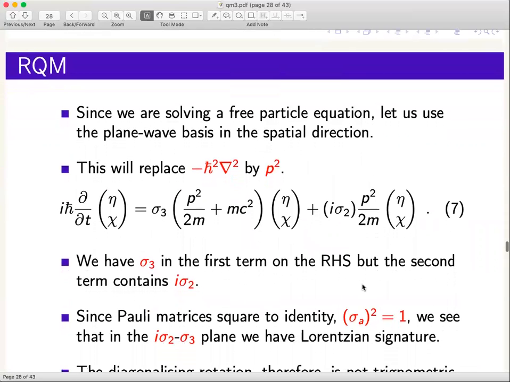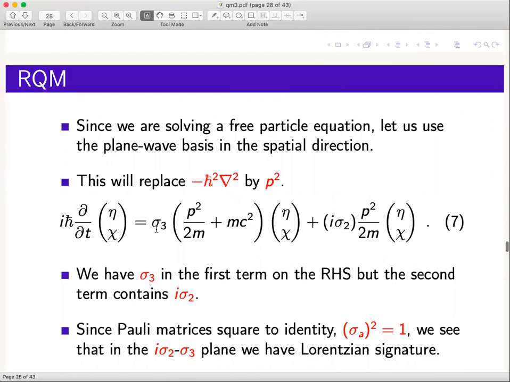Sigma 3 squared is 1, sigma 2 squared is also 1. But what we have is not sigma 3 and sigma 2, but sigma 3 and I times sigma 2. Therefore, if you think of these as basis vectors, then sigma 3 squares to 1, but I sigma 2 squares to minus 1. In that sense, in this auxiliary space, we actually have a Lorentzian signature. Is that fine?